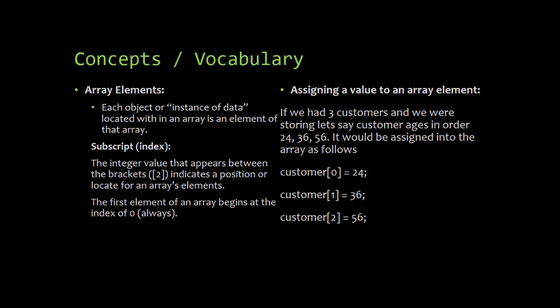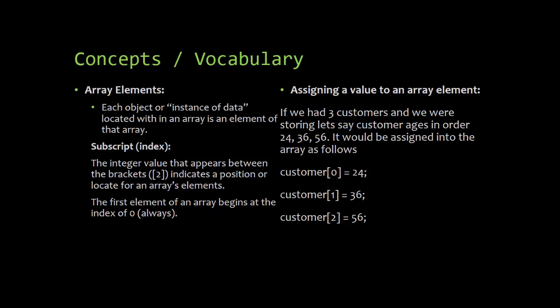So when we assign a value of an array, much like a variable, and I say age equals 20, we do the same thing with arrays, except we have to do it a little bit differently. For example, if we had 3 customers and we were storing the ages of 24, 36, and 56, we would assign it as customer 0 equals 24, customer 1 equals 36, customer 2 equals 56.